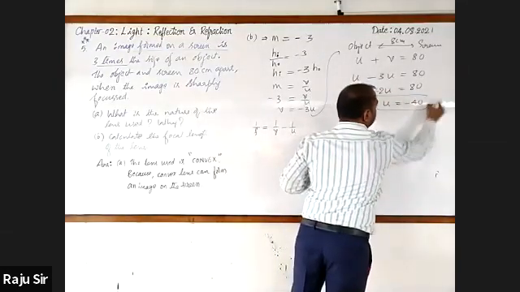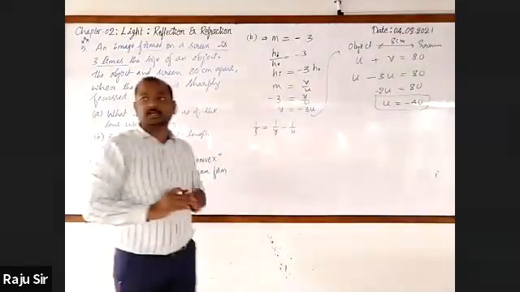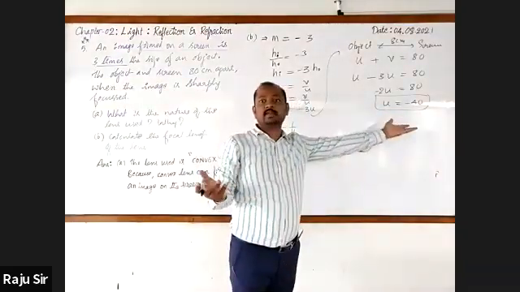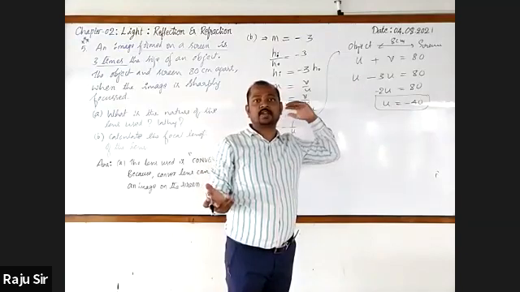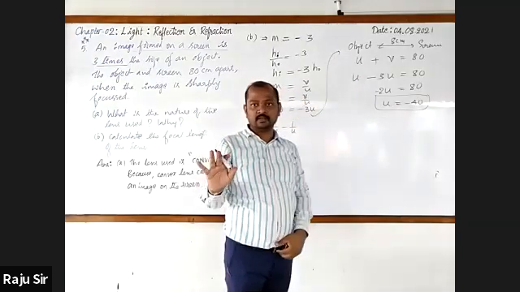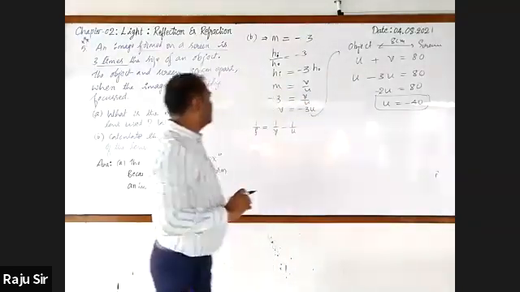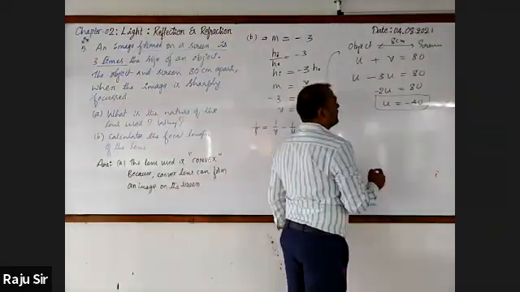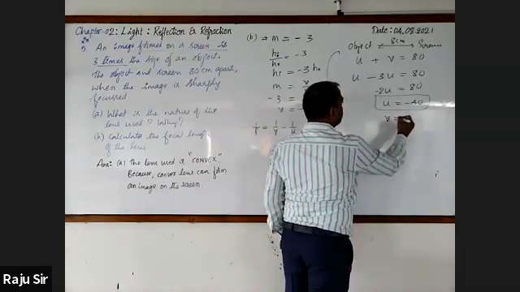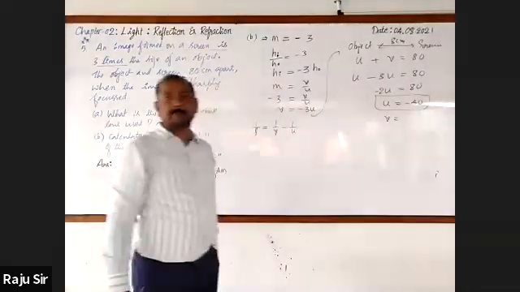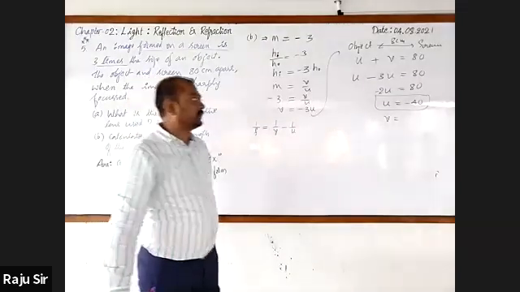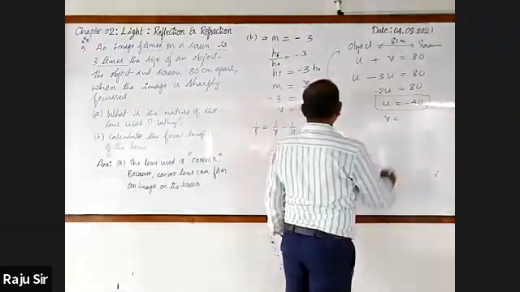Negative 40. Why negative? Because object distance is always negative, always negative. The direction is opposite to the light. Clear? Yes, sir. Next, what is the image distance? 120, sir. v is plus 120.